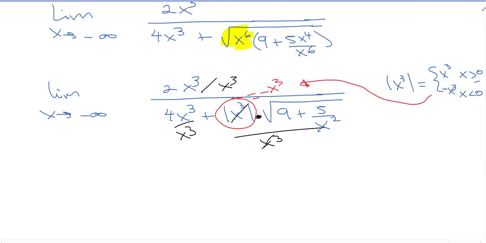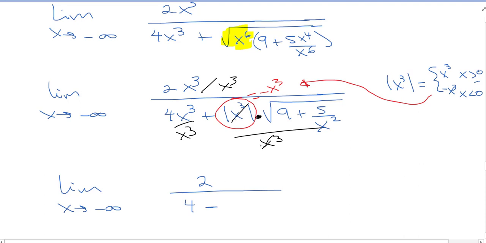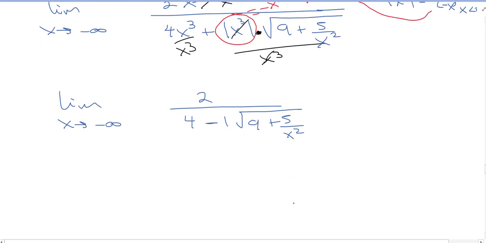So this is going to be the limit as x goes towards negative infinity of 2 over 4 minus, right, because negative x cubed divided by x cubed will be minus 1, square root of 9 plus 5x squared.